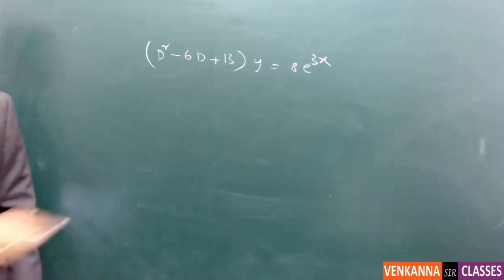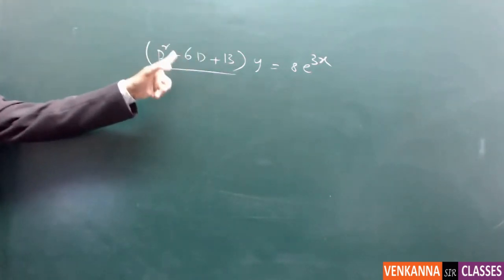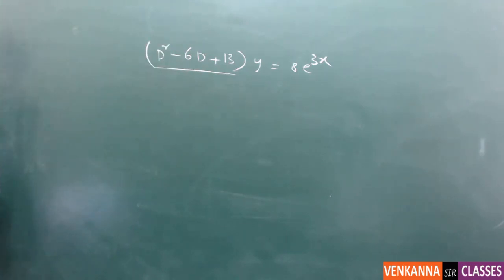For this part, you write the auxiliary equation, find the roots, and give me the complementary function yc. Once you find the roots, give me the input. I will write the complementary function. Let us cross check that.